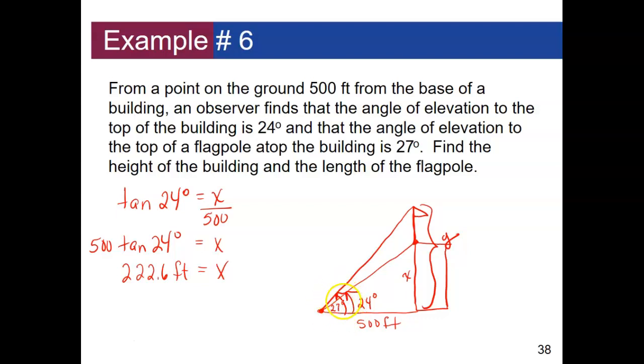For the 27 degree angle, my opposite side is Y and my adjacent side is 500. So I'm going to set this up very similarly. The tangent of 27 is Y over 500. If I cross multiply, Y is going to be 500 times the tangent of 27.